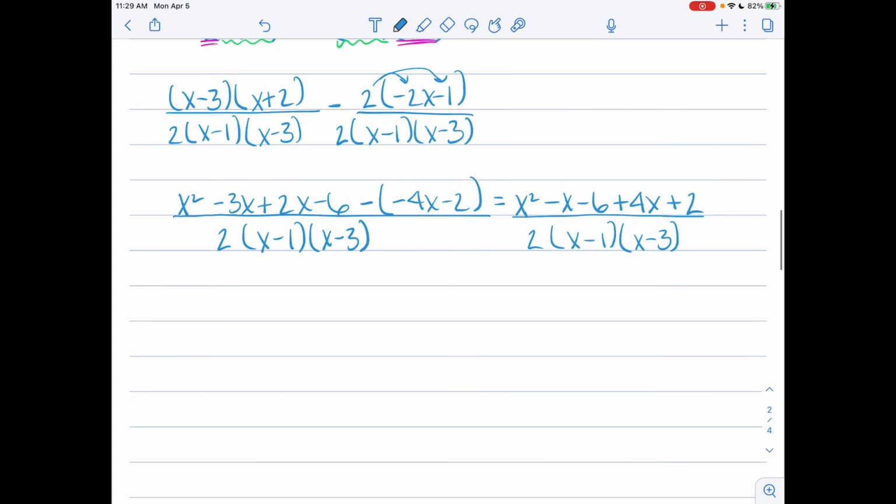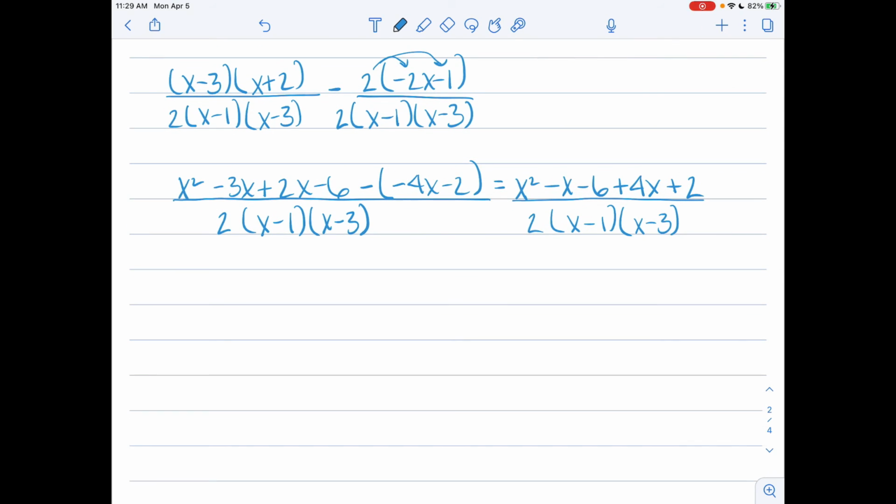And I need to keep simplifying because now I can combine some more like terms. So x squared, I see a negative x and a 4x will be plus 3x. Negative 6 plus 2 is a minus 4. After this, I need to factor the top now that I've got everything expanded, like terms combined.